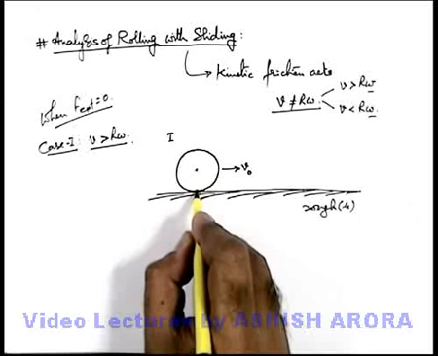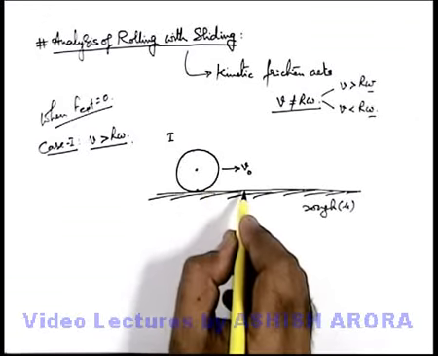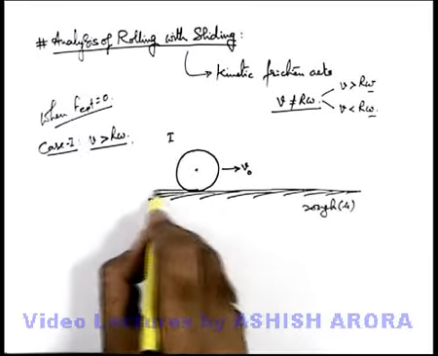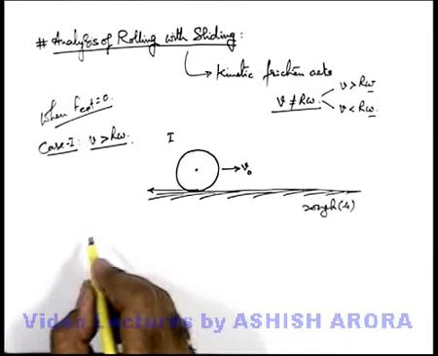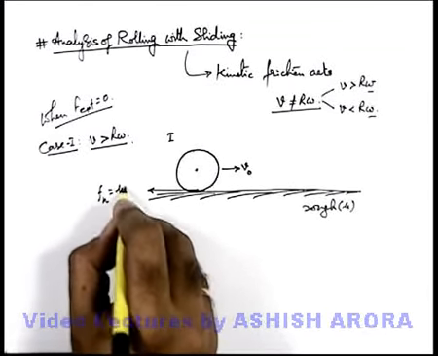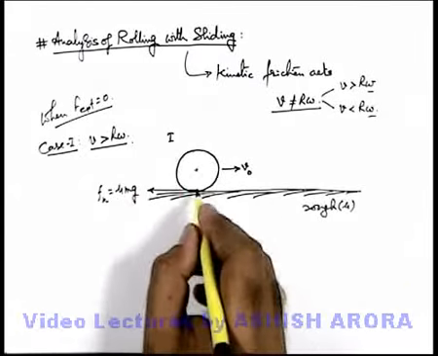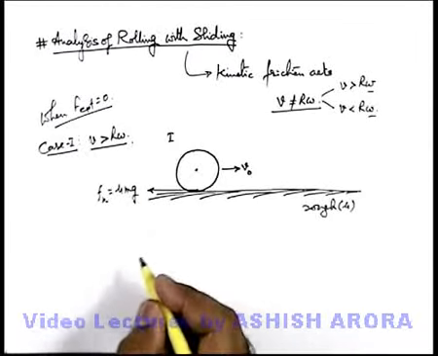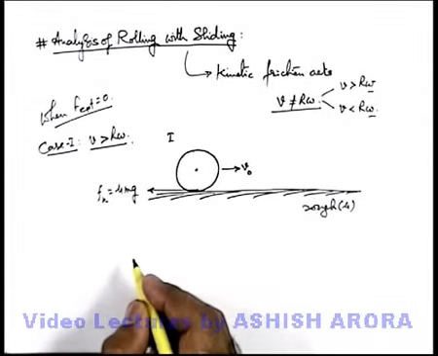Obviously in this situation the point of contact will move translationally in the forward direction, so it will experience friction in the backward direction. And this kinetic friction we can write as mu mg, because the normal contact force will be balancing the weight of this body.